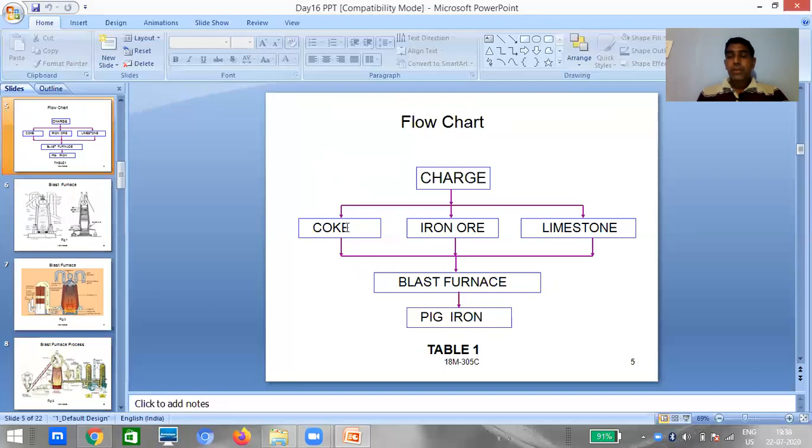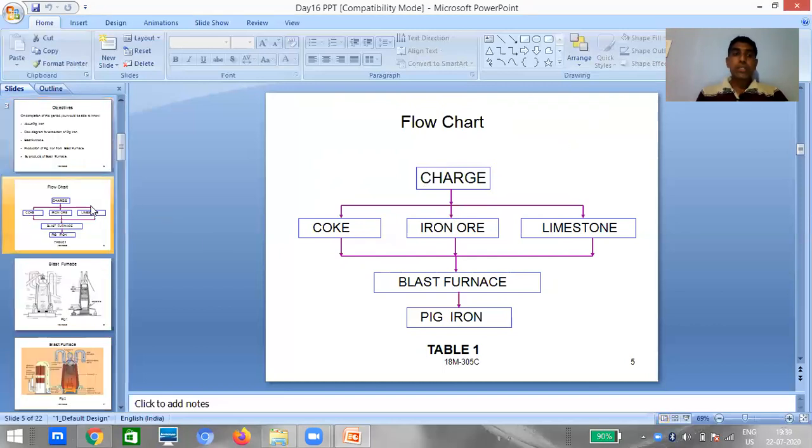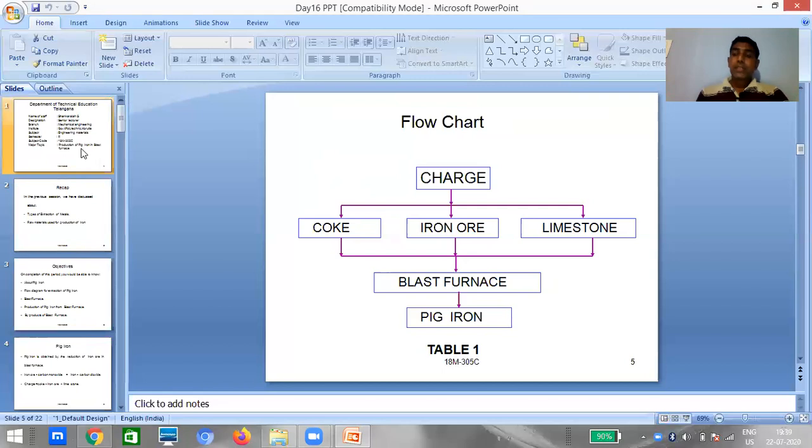These things we have discussed in the previous session. That means for getting iron, we need these three raw materials. Along with these three materials, we should have oxygen. That means a flow of air we require for burning of this coke.